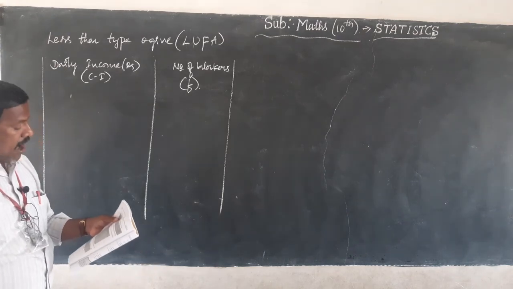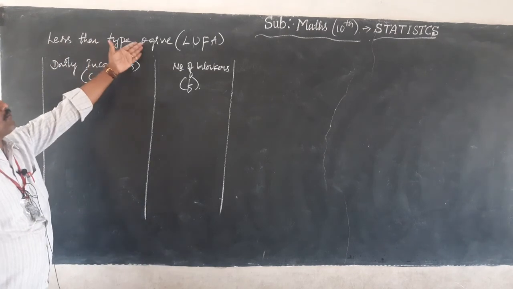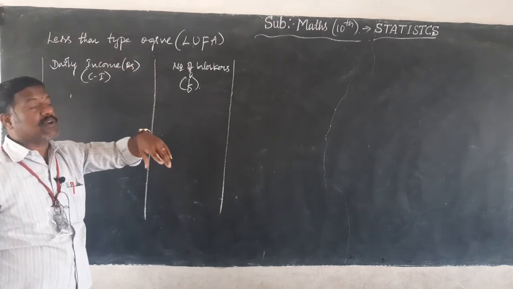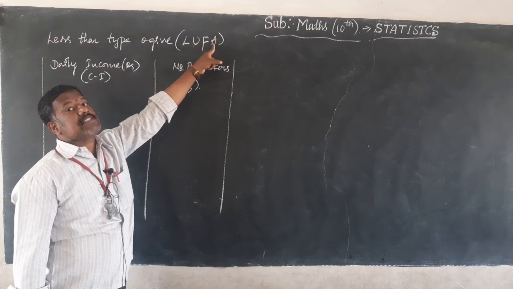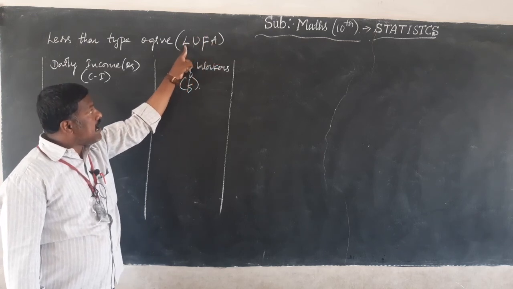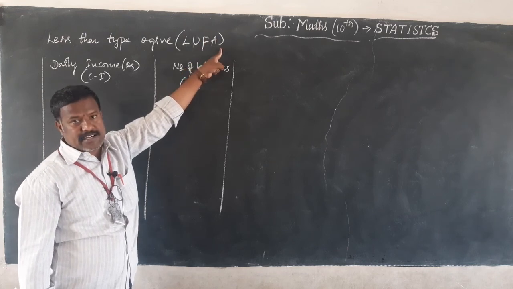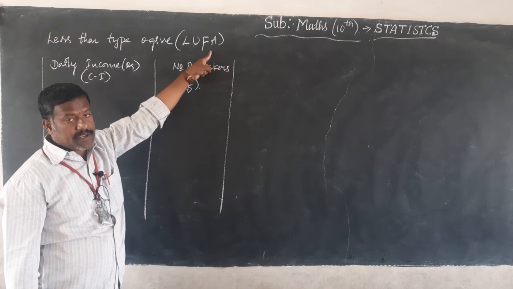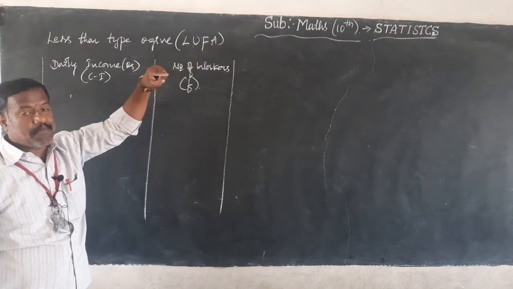Children, here we have the question for less than type Ogive. See children, LUFA stands for less than, upper limits, frequency addition. Listen to me carefully, you have to keep this expansion in your mind permanently.